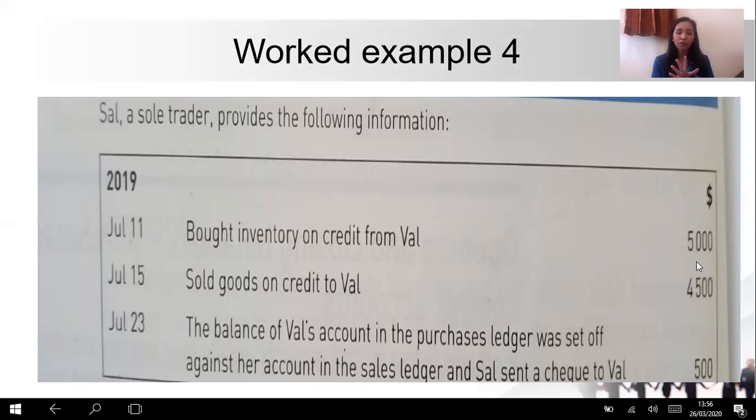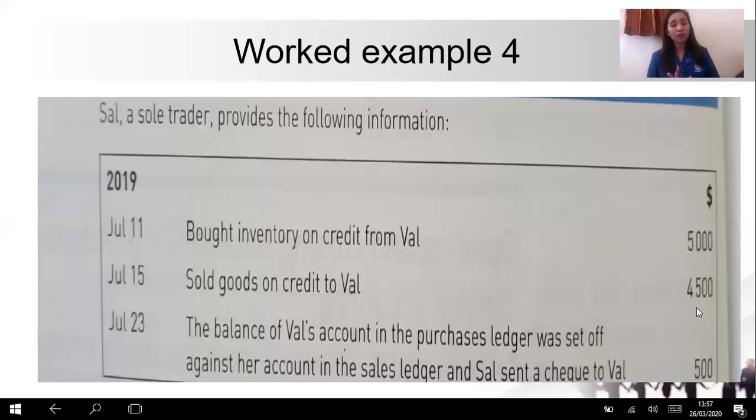And then on July 15, we sold goods to FAL on credit for about 4,500. It means FAL must pay us 4,500. So instead of waiting for us to pay 5,000 and then FAL giving back 4,500, it's better that we just pay about 500.